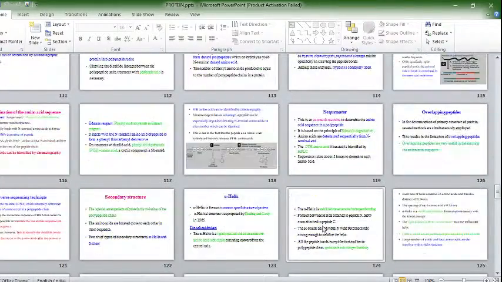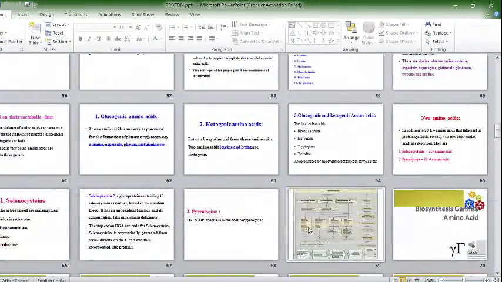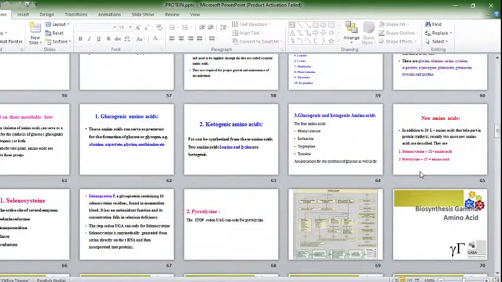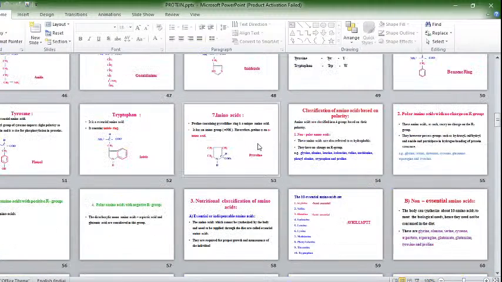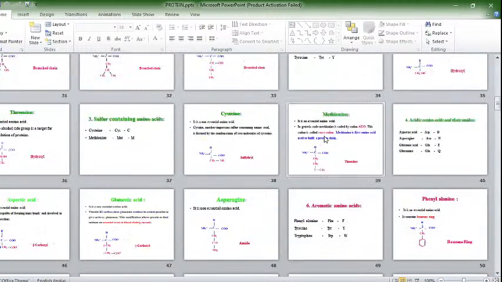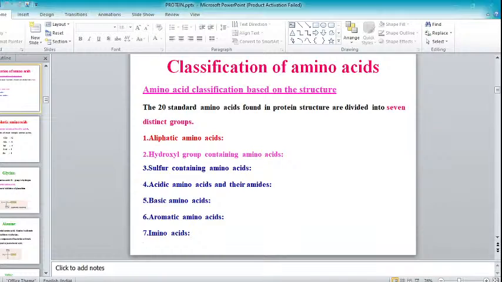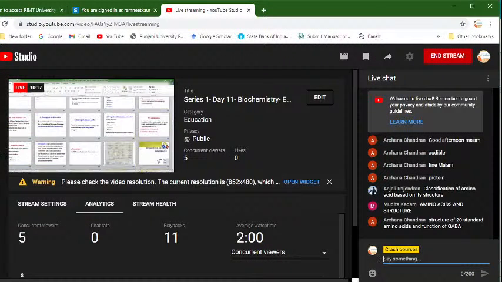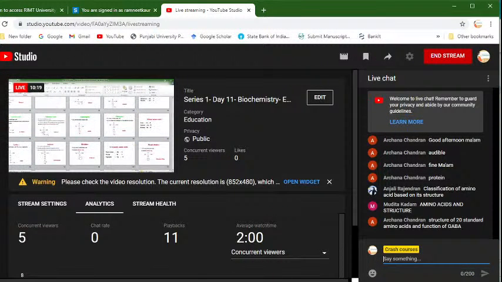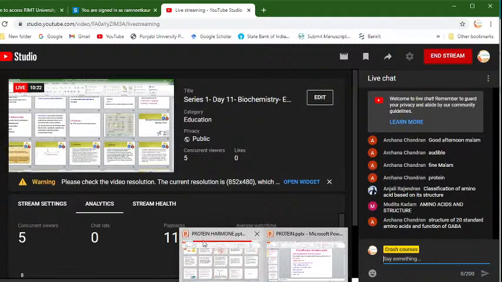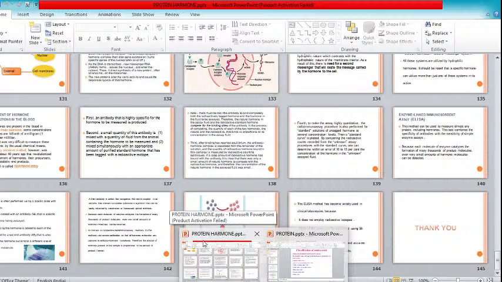Okay. I think these are the amino acids which I told you yesterday to complete, right? You have to do all these amino acids on the basis of their structure. So this is the classification of the amino acids.